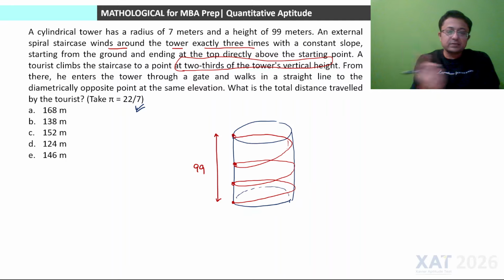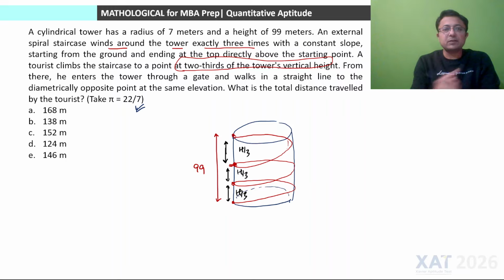So अगर 3 rounds are in total, so till 2/3 height there will be 2 complete rounds, isn't it so? Because if total height is h, so till h/3 there will be 1 round, then again h/3, and last height will also be equal to h/3. So all these will be h/3 or 99/3 in this case, because total 3 rounds है.